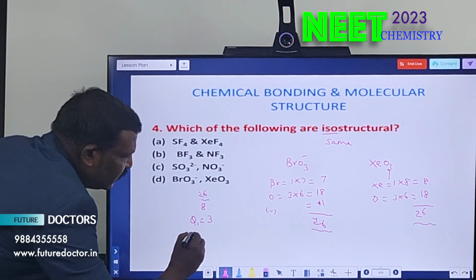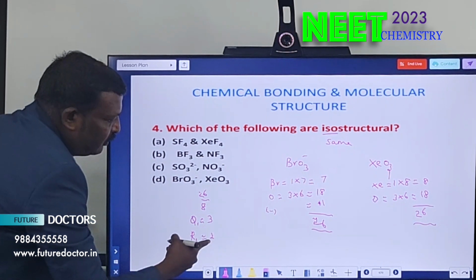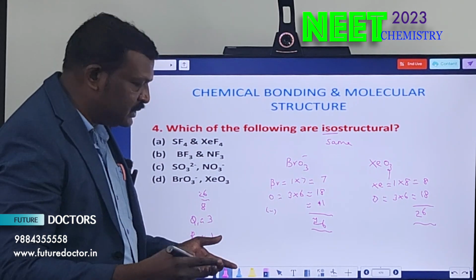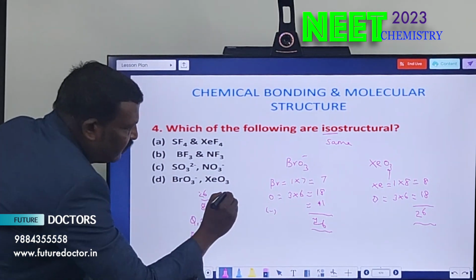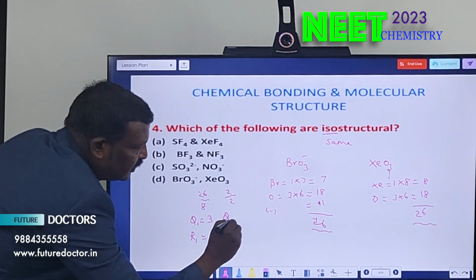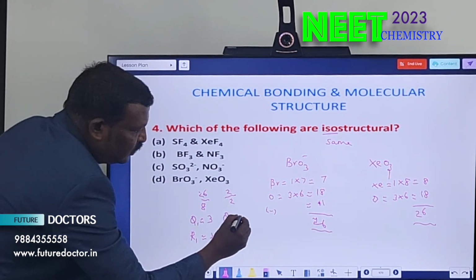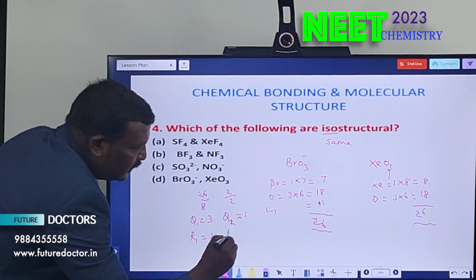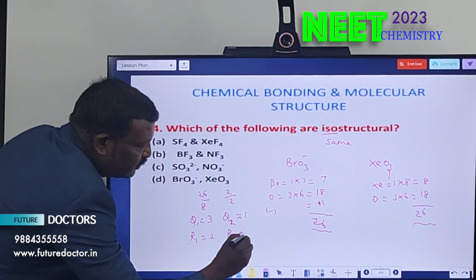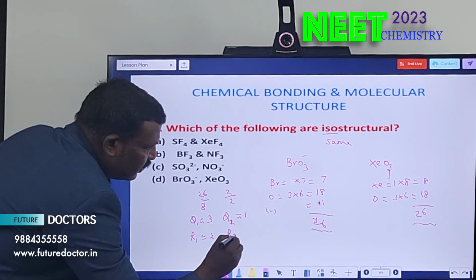Correct? Remainder we have 2. If you have remainder 0 or 1, leave it. If you have 2, we have to take it into further process. This is called Q2, the earlier one was Q1. Are you following? So remainder 2 is what?